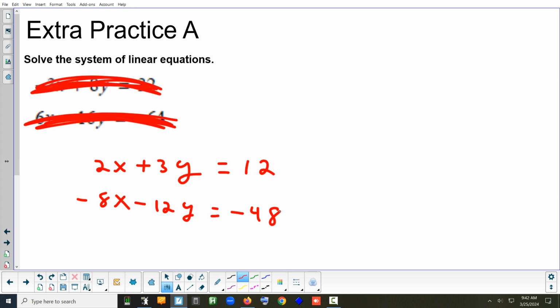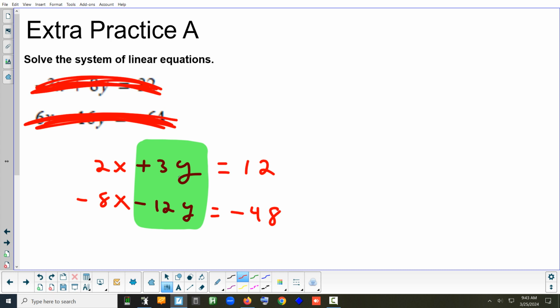First step, let's choose which letter we're going to focus on. Do you want to make the x's eliminate or the y's eliminate? Y. Okay, so we're going to focus on the y's. Look at the smaller number, 3, and then we have a negative 12. We want to change this 3 so it would cancel negative 12.